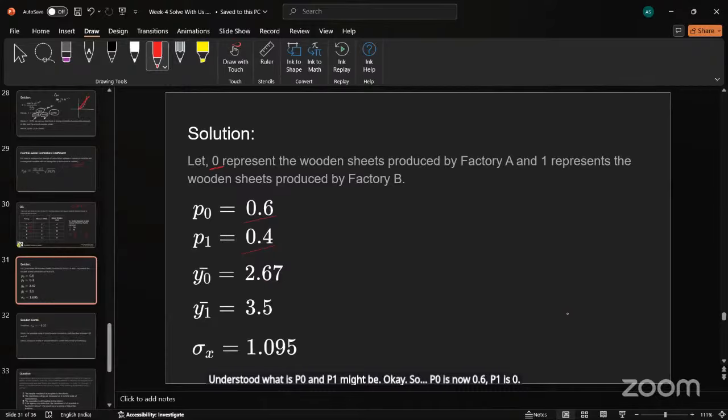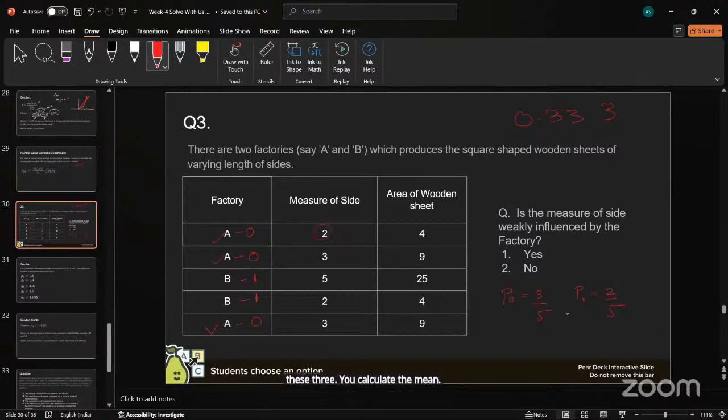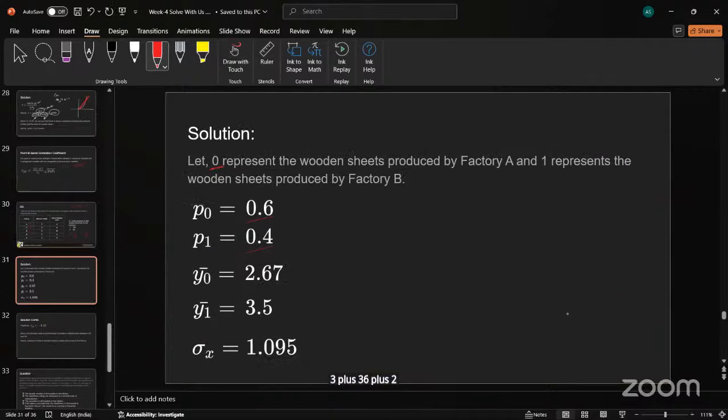Now for the zero category, which is all the observations that have A, these three, you calculate the mean. What is the mean of 2, 3, and 3? 3 plus 3 is 6, plus 2 is 8. 8 divided by 3 is 2.66. So you get the mean for 0.